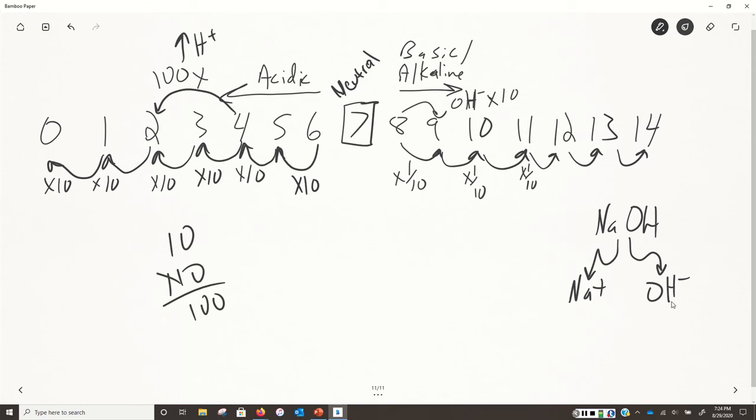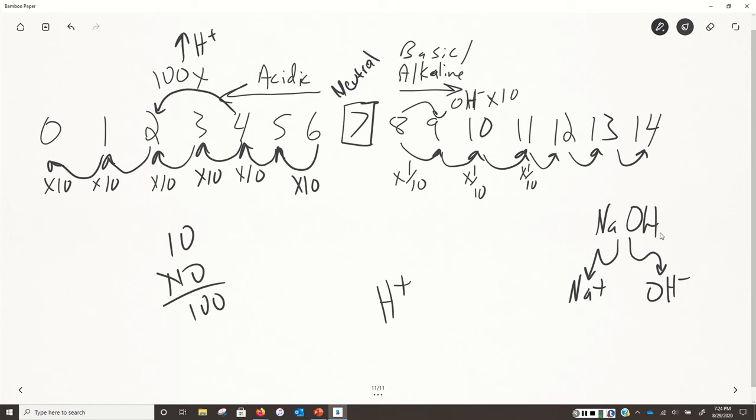So what does that have to do with lowering the H plus? Well, let's say I put this in water and it falls apart into OH minus and Na plus. If there happen to be any free protons in that water, if there is an H plus floating around, what's going to happen when it comes into contact with this NaOH?